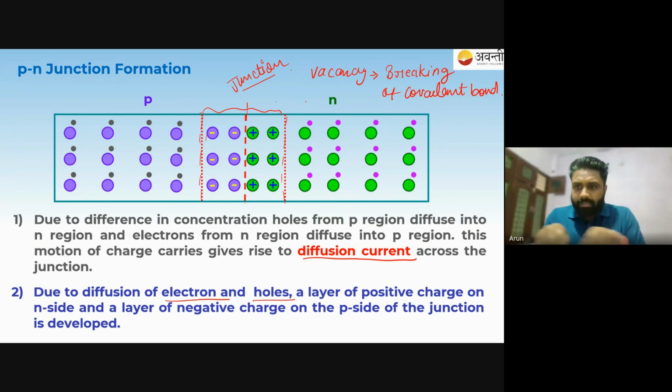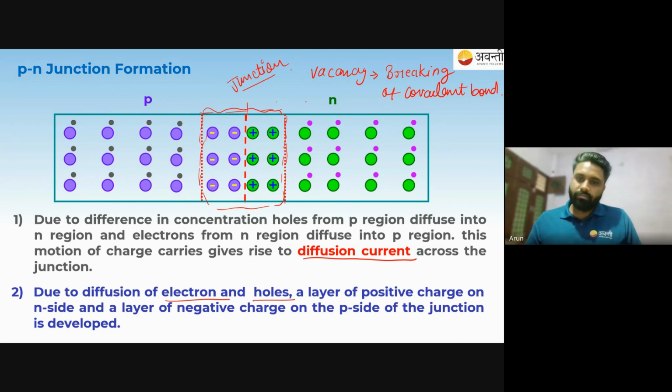So in this specific region you will see this is separated. In this specific region, you will have only the positively and negatively charged ions. And these ions are very heavy in size, so they cannot move.